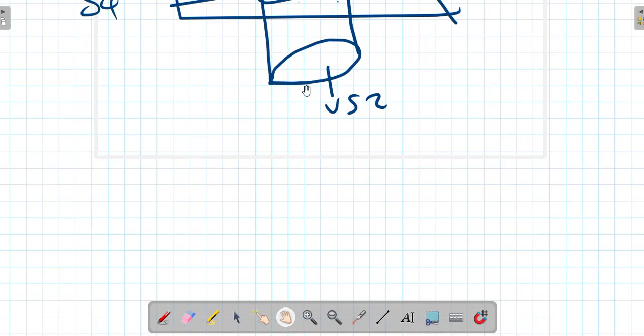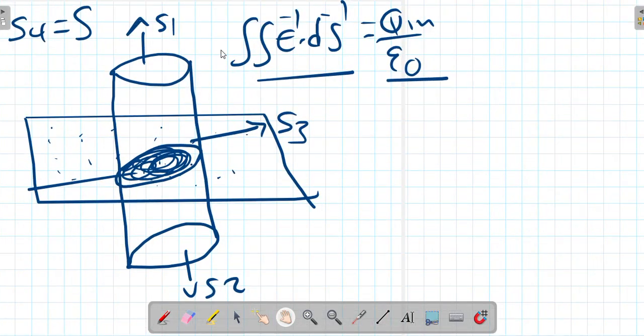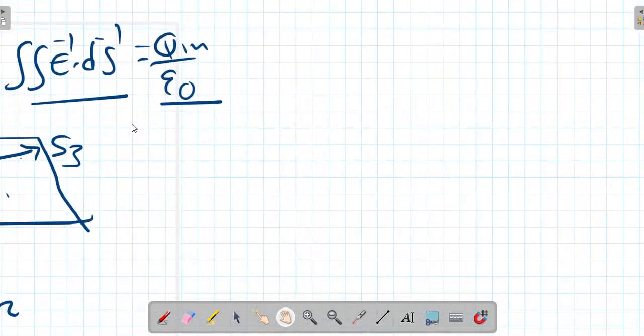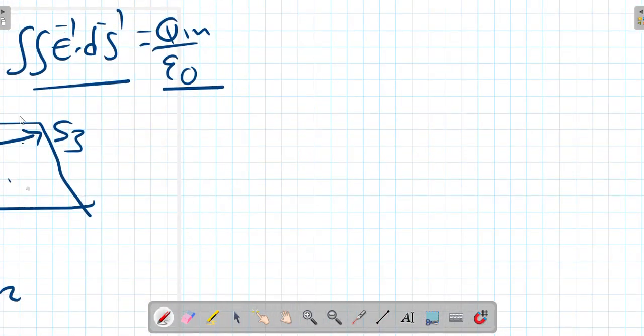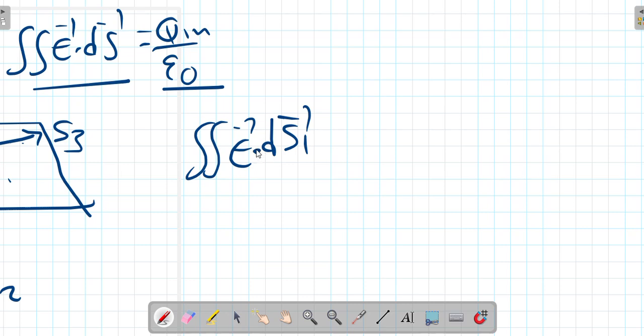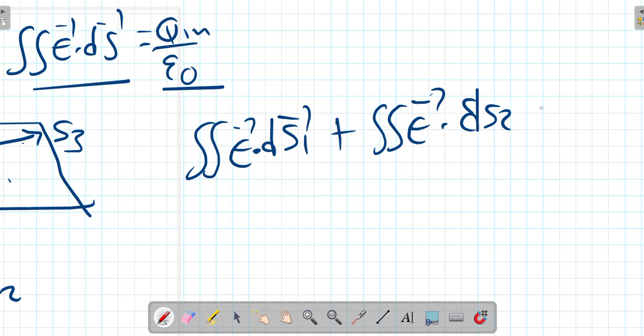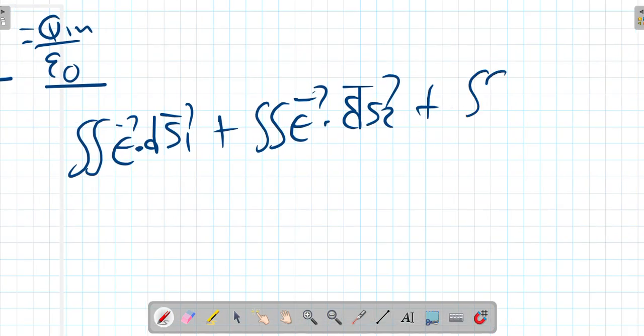Okay. Now, this left-hand side, you're going to decompose it into the three surfaces. Integral of E dot dS1 plus integral E dot dS2, then plus integral E dot dS3. Okay, then you just check which integrals.